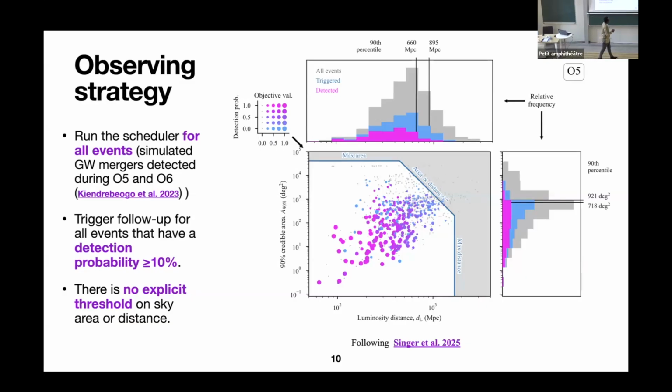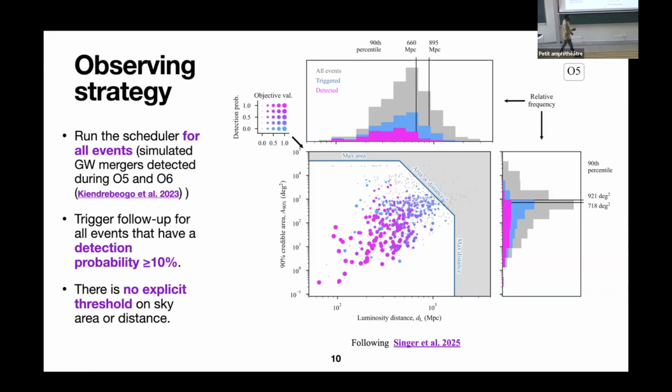On the bottom left figure, each point represents one simulated event. On the x-axis, the luminosity distance, and on the y-axis, the credible region provided by the gravitational wave localization. The colored dots represent the selected events. In contrast, the gray dots represent the events that were not selected.